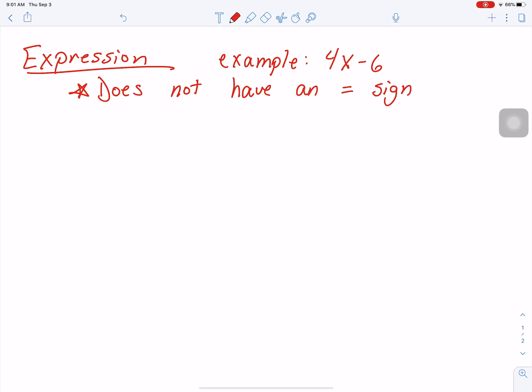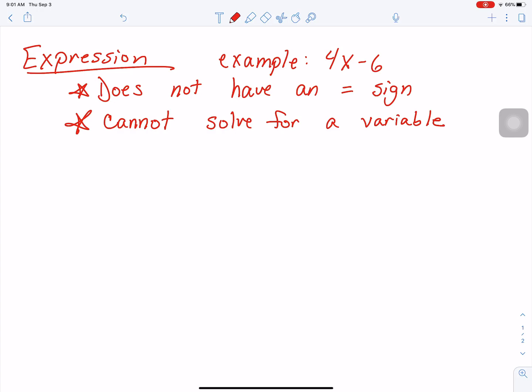You cannot solve for a variable. In order to solve, you need an equal sign. This is going to become really important in our next unit when we have another word. You need to know when I can solve and when I cannot.